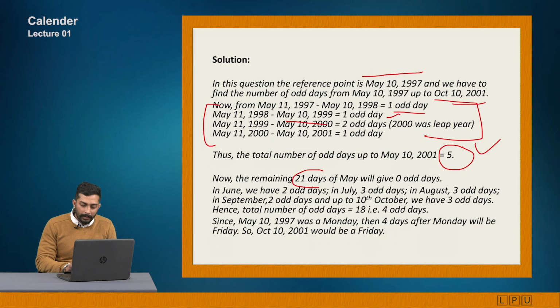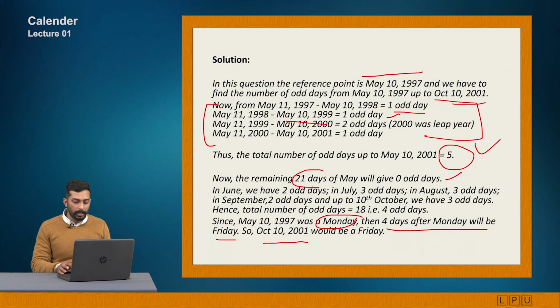The remaining 21 days of May give 0 odd days, because 21 is a multiple of 7. Since May 10, 1997 was a Monday, 4 days after Monday will be Friday. So October 10th, 2001 will be a Friday in this case.